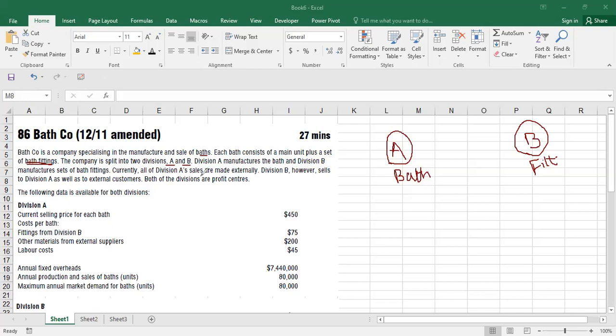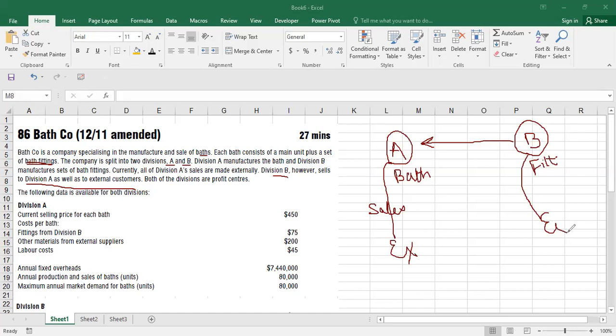Currently, all of Division A sales are made external. So they sell goods to the external market. Division B, however, sells to Division A as well as to external customers. So Division B sells some fittings to A, and probably some to external.